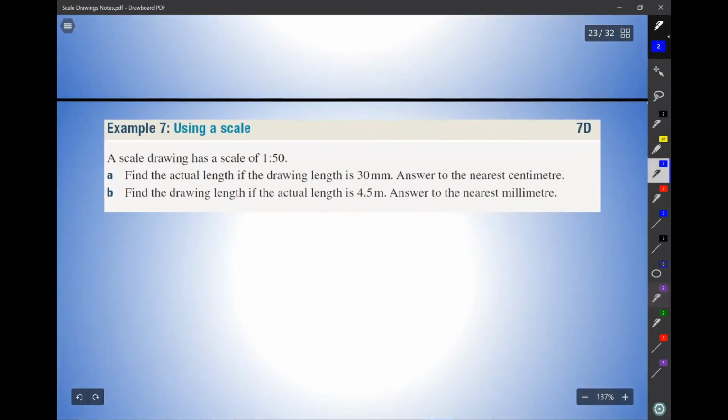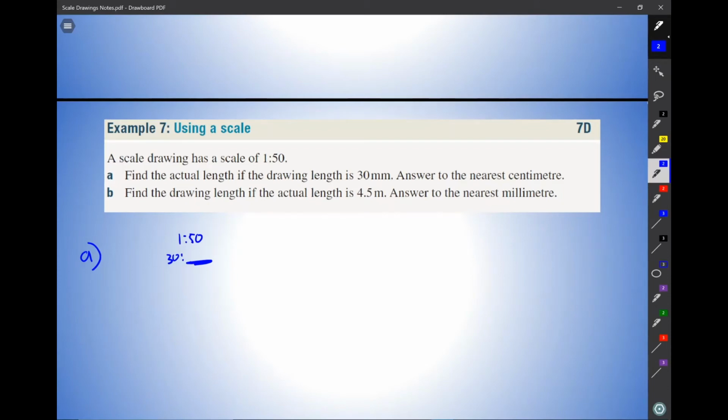Let's dive straight into an example. A scale drawing has a scale of 1 to 50. Find the actual length if the drawing length is 30 millimeters. So we have 1 to 50 is our scale. On this side we have 30, and we want to find out what goes here.